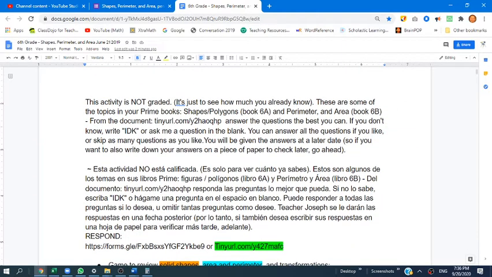Let's read the directions on the screen. They say, this activity is not graded. It's just to see how much you already know. These are some of the topics in the prime book: shapes and polygons in book 6A, and perimeter and area in book 6B. And it's from this document. I already shared that with you. Answer the questions the best you can.